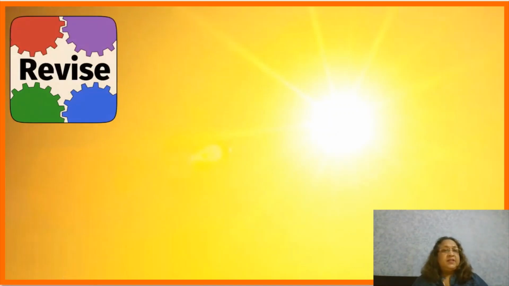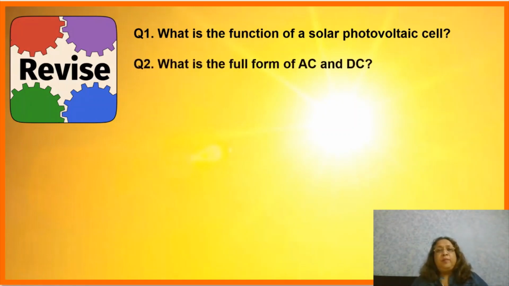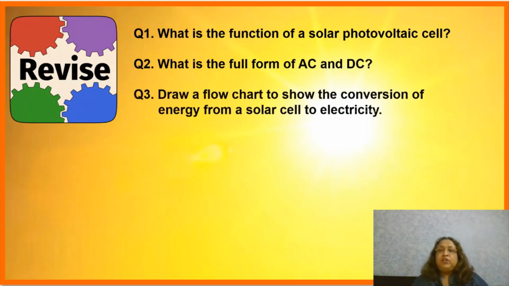Let us revise. The first question: what is the function of a solar photovoltaic cell? Next, what is the full form of AC and DC? Draw a flow chart to show the conversion of energy from a solar cell to electricity.